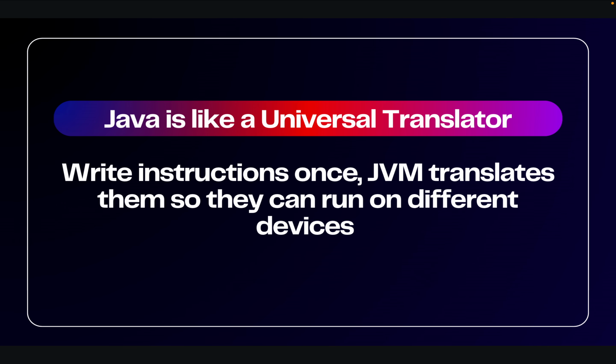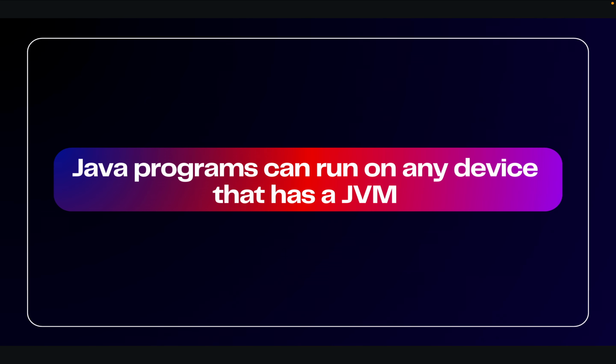So think of Java as a translator. You write the instructions once and the JVM translates it so it can run on different devices, such as Android, Windows, or even Mac devices. It can run on any device that has a JVM.